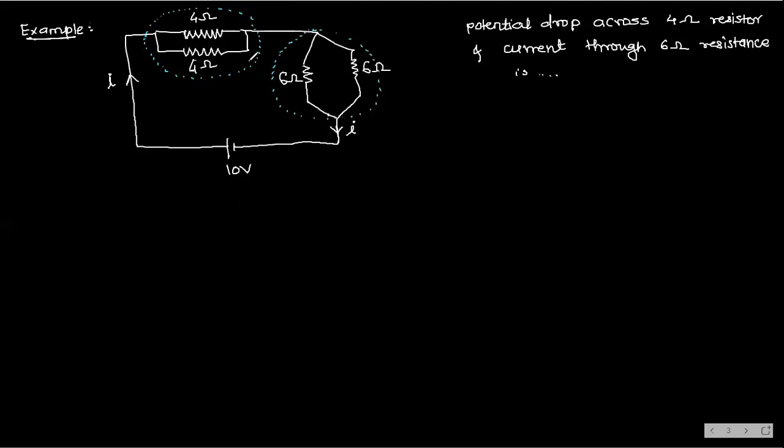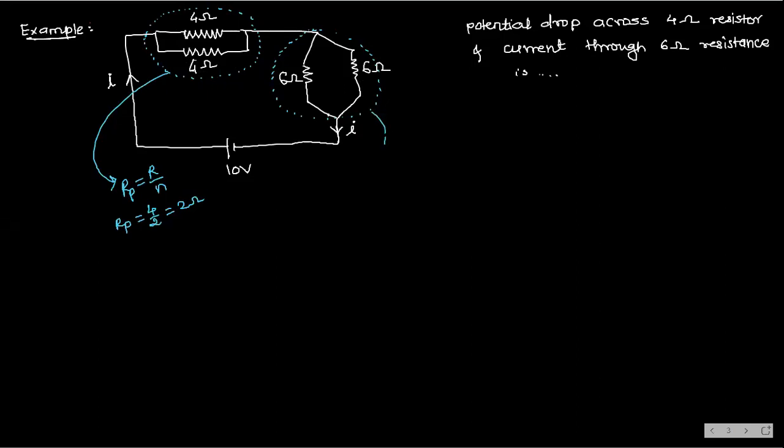Now see here, what I am doing, these two branches are in parallel. So directly, same resistance connected in parallel, either you use 1 by Rp or the direct formula, Rp is equal to R by N. So you are getting here Rp is equal to 4 by 2, which is equal to 2. 1 by Rp is equal to 1 by 4 plus 1 by 4, that is 2 by 4, and again it is 4 by 2, so you will get 2 ohm only.